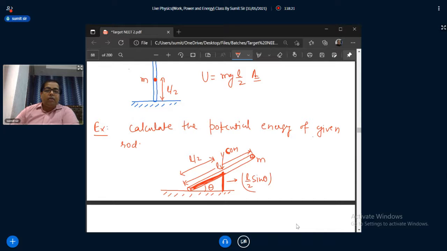So this is L by 2 cos theta, and this one is L by 2 sine theta. So the potential energy in this case is equal to mg into L by 2 sine theta. That is the answer.